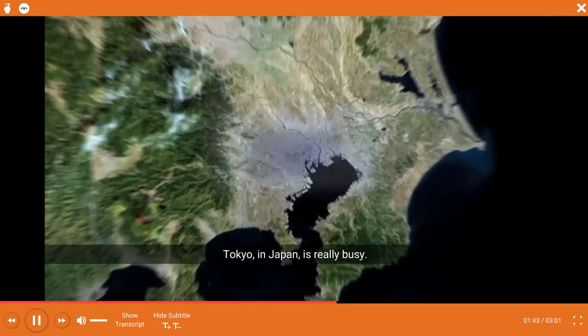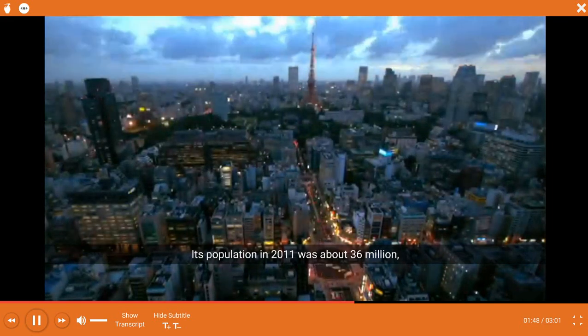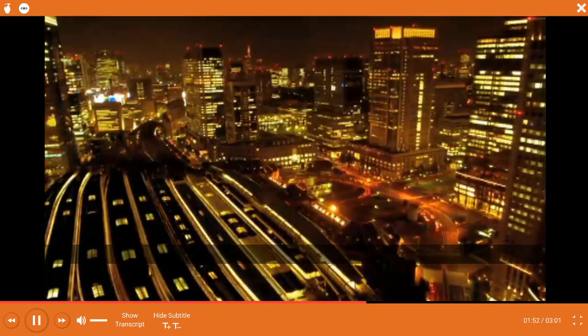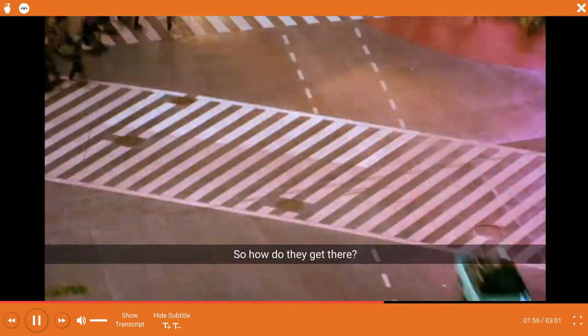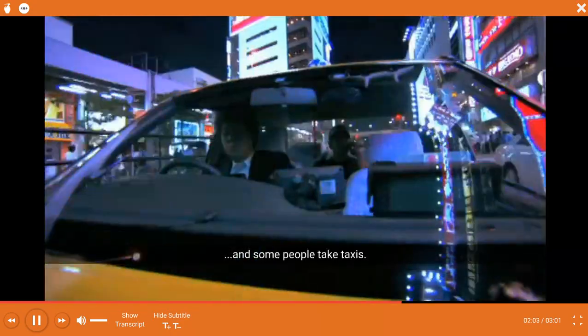Tokyo in Japan is really busy. Its population in 2011 was about 36 million, the largest in the world. Every day, millions of people go to work in Tokyo. So how do they get there? Well, some people walk, and some people take taxis.